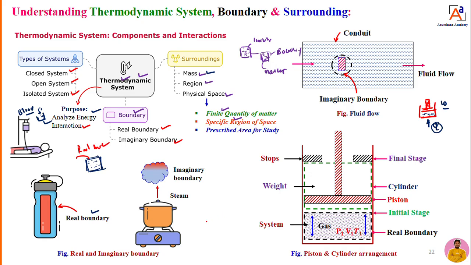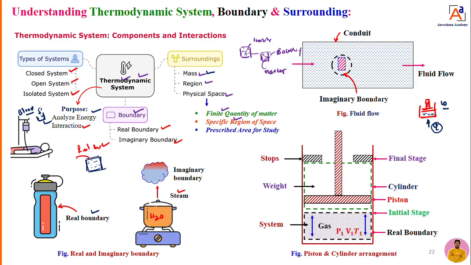Okay, so what is an imaginary boundary, you can see here, dear students. I will take water into a container. I will heat the water over a period of time. When it reaches the saturation temperature, that is 100 degrees Celsius, slowly the water will be converted into steam.